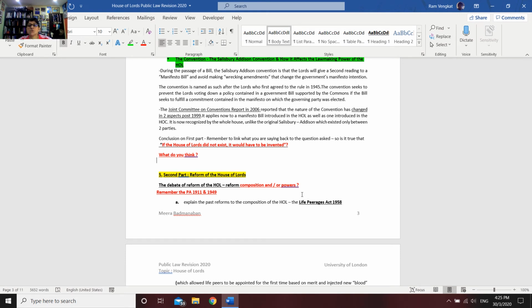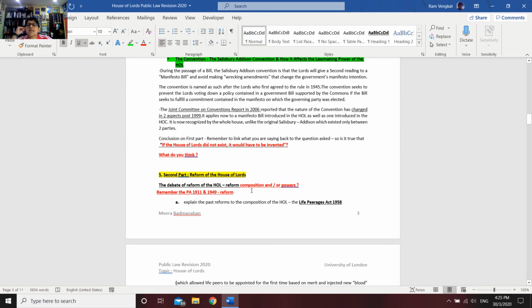Let us now go to the reforms that have already taken place in the past. The first, and I've put it in red, the most important one, is the Parliament Act of 1911 and 1949. A question. What does this reform? Does it reform the composition of the House of Lords?